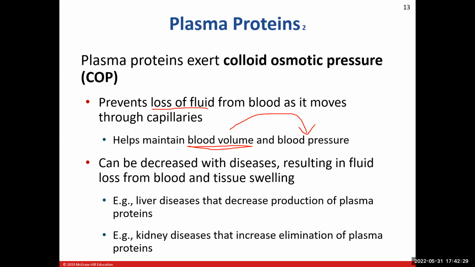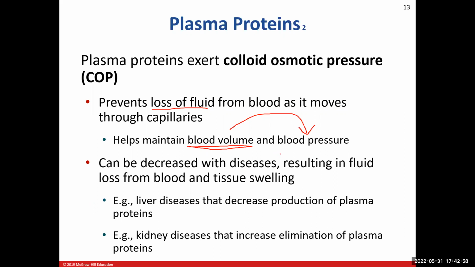We'll get you there. All right, so certain diseases can mess with your colloid osmotic pressure. For example, let's say you have certain kidney diseases that damage the kidneys, and then the kidneys can't filter the blood appropriately, and some of those plasma proteins will leak out of the kidneys into your urine, and you'll get rid of them.